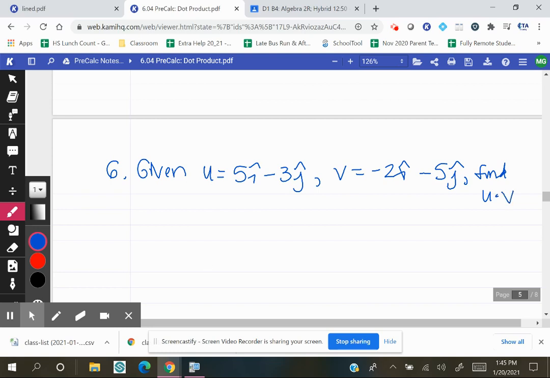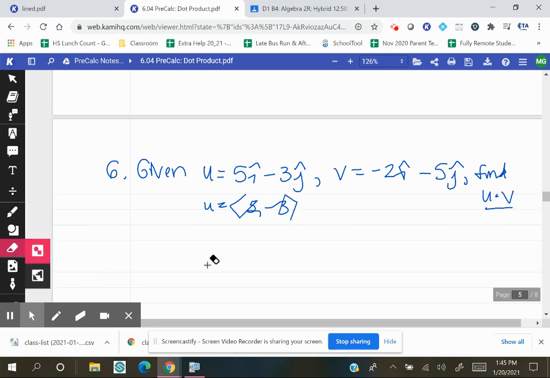So this time given a linear combination, if you need to, you can start by rewriting them in component form and then find the dot product. So if it helps you, you could rewrite it as 5, negative 3, and negative 2, negative 5. You do not have to do that, and sorry about all those extra little lines that it keeps making.